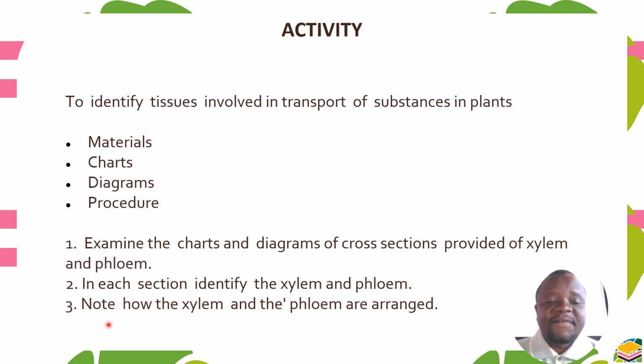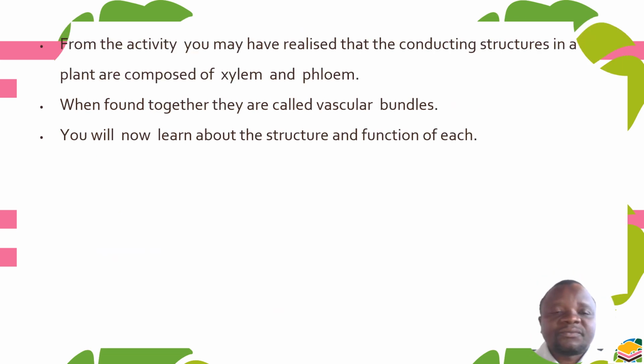Then thereafter, you note how the xylem and the phloem are arranged. Here you are looking at the arrangement of the vascular bundle, as we did in the monocots as well as the dicots.